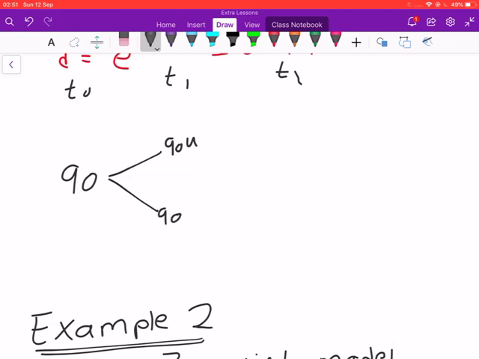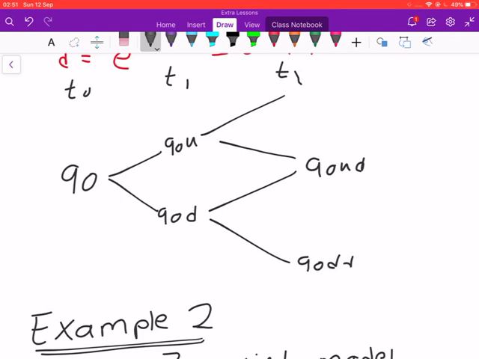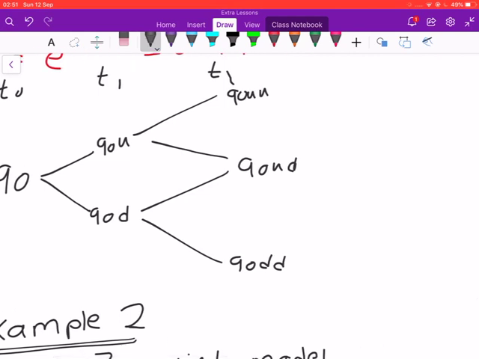Here it's going to cost 90 D, and then it's going to go like this, and like that. Here it's going to be 90 UD or DU, here 90 DD, and here 90 UU, right? So what are these values?